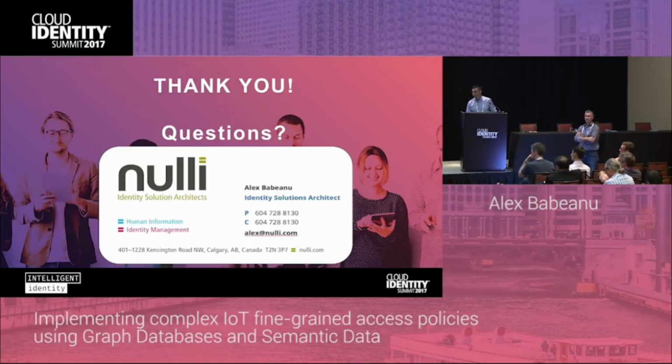One question here. Can you share more about how you integrate with IAM platform? For example, do you abstract the relationships into some kind of authorization rules? I mean, what does that integration look like? So, at least Neo, and I'm sure the others, have a set of REST APIs.